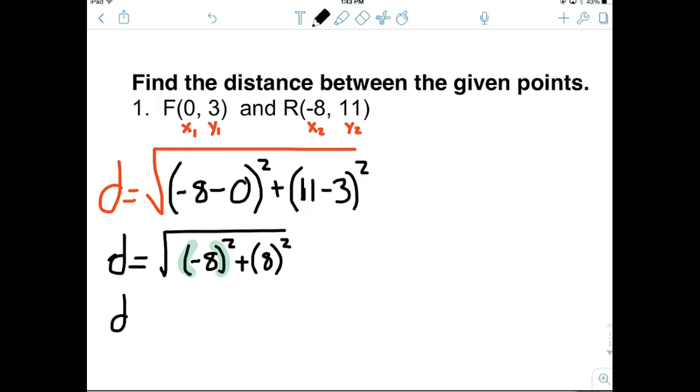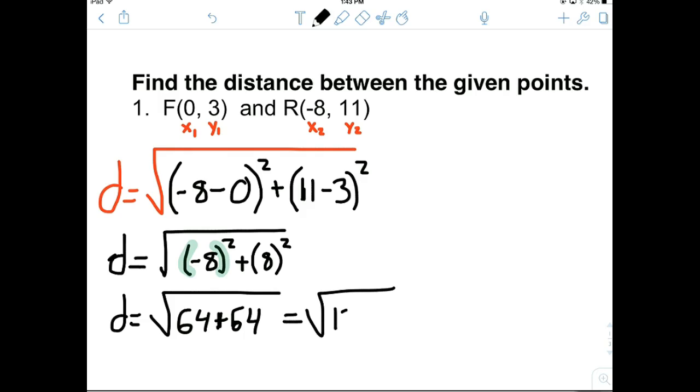When you do this on your calculator, or if you're typing most of this in as you go, 64 for negative 8 squared, 64 for positive 8 squared, that makes the square root of 128. And typically on a C-level question, I'll just ask you for the decimal rounded to 1 decimal place. So we're going to call this 11.3.